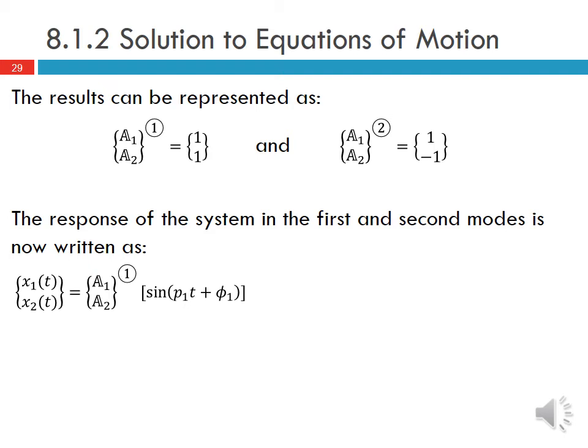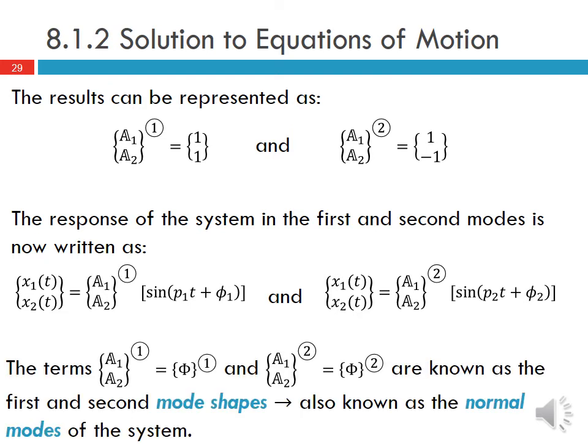So this is the first mode, and this is the second mode. So these terms, the vectors a1, a2, 1 and a1, a2, 2, we can call phi 1 and phi 2. These are known as the first and second mode shapes, and they're also known as the normal modes of the system.